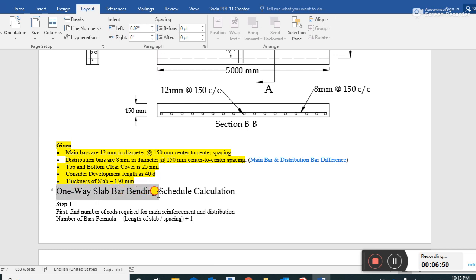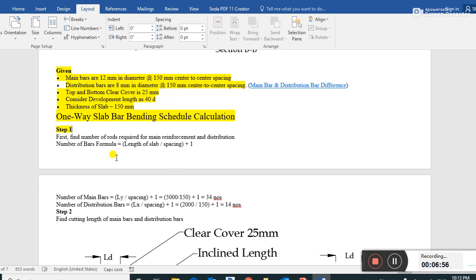Guys, in a one-way slab the bending schedule calculation is as follows. Step 1: first, find the number of rods required for main reinforcement and distribution. For the number of bars, this is the formula.